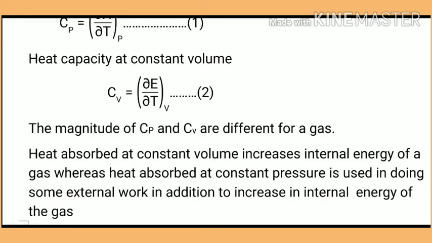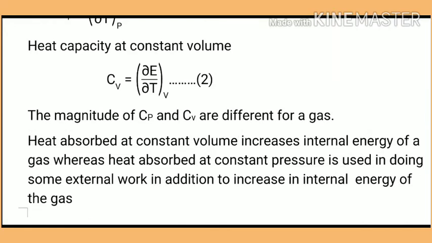But mostly in case of gases, Cp and Cv are different. Heat absorbed at constant volume increases internal energy of the gas, and heat absorbed at constant pressure is used in doing some external work in addition to increase in internal energy of the gas.